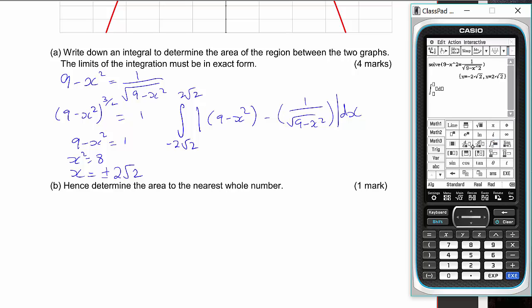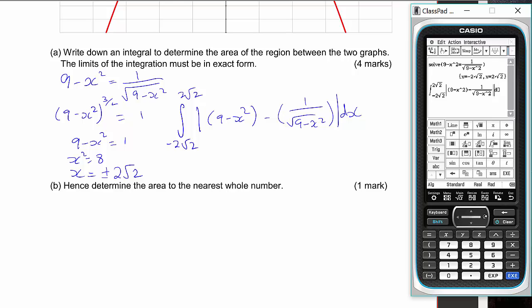So I'm going to go integral, and at the bottom there I'm going to have negative 2 root 2, and at the top I'll have 2 root 2, and then come down inside there, and we need the modulus, and I'm going to have 9 take away x squared, and I'm going to take away from that 1 over square root of 9 minus x squared, and that should do it.